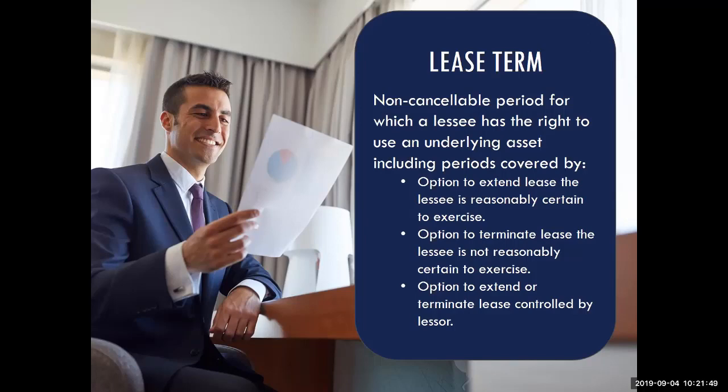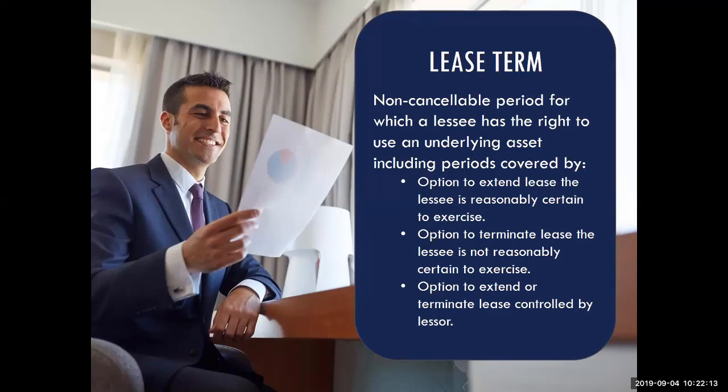And how this is done is, the obvious piece is the non-cancelable period within a lease. So let's say you have a lease that has a 5-year term and then it has a 5-year renewal option. That initial 5-year term is the non-cancelable portion of that lease. That's the obvious part to include. But now there's that 5-year renewal option. And should we include that or not?